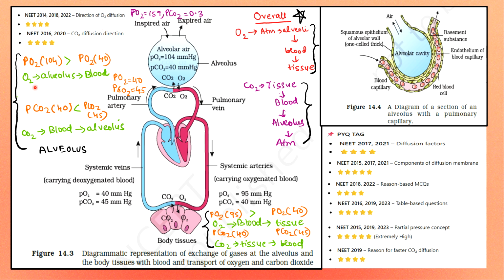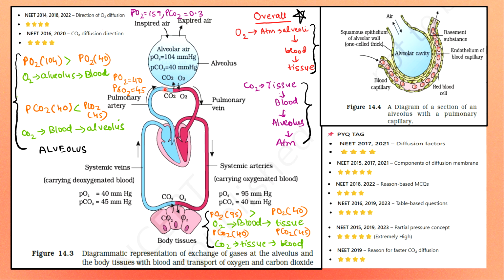Because diffusion always takes place from the higher concentration to the lower concentration, or higher partial pressure to the lower partial pressure. So oxygen partial pressure is more in the alveolus, less inside the blood in the capillaries. So oxygen diffuses from the alveolus to the blood in the capillaries. So this is the direction of the oxygen diffusion.